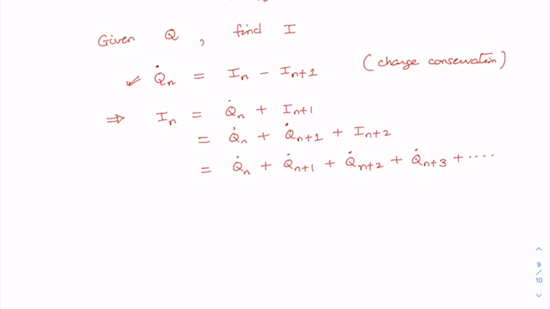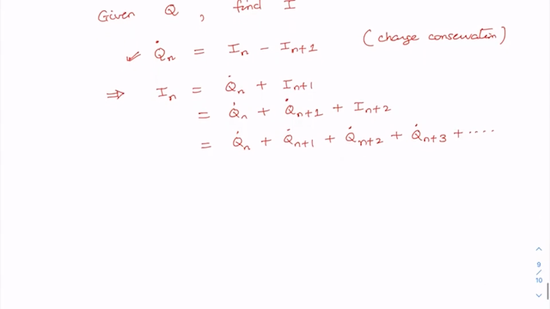So as you can see, from this we can try to find out the current, but the problem here is that we cannot write down the magnetic energy term because of this expression. From the current expression, as you can see, this results in an infinite sum, and that means that we are running into a problem. If we choose charge as our coordinate, we will not be able to write down the energy term in the Lagrangian or the Hamiltonian.